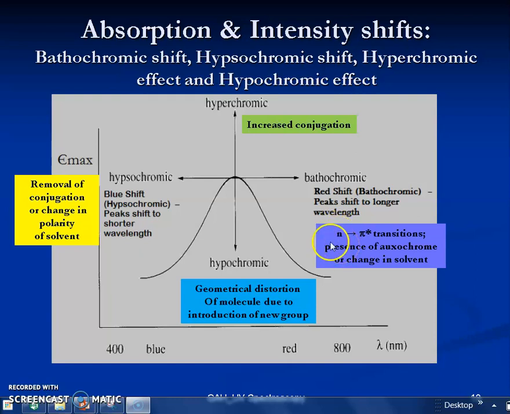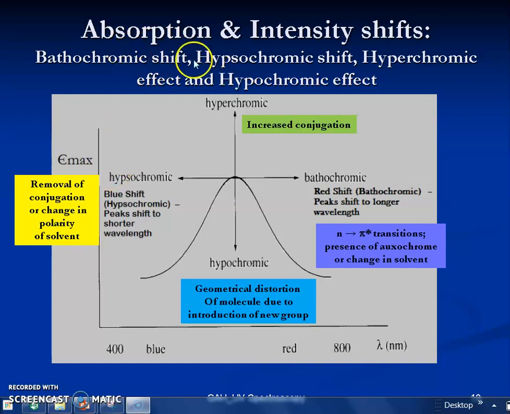If you have a lone pair of electrons, then the transition is from n to pi star, and if any molecule is enhancing this n to pi star transition, then we usually see this bathochromic shift, or the red shift. There could be one more reason, that is the change in the solvent could also bring about the bathochromic shift. So this bathochromic shift is one type of absorption shift.